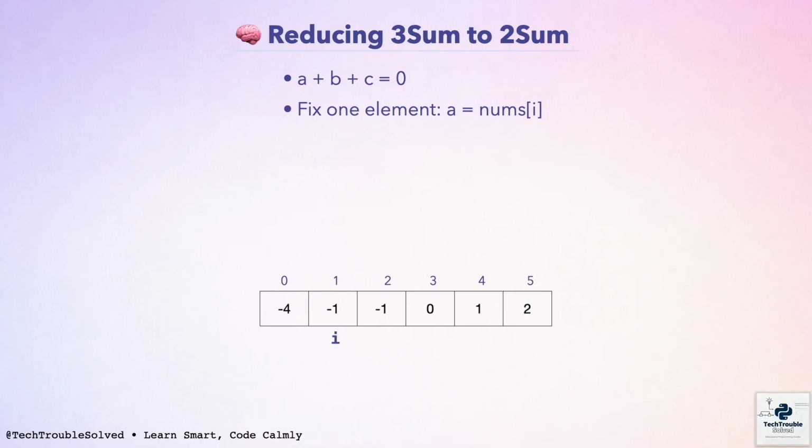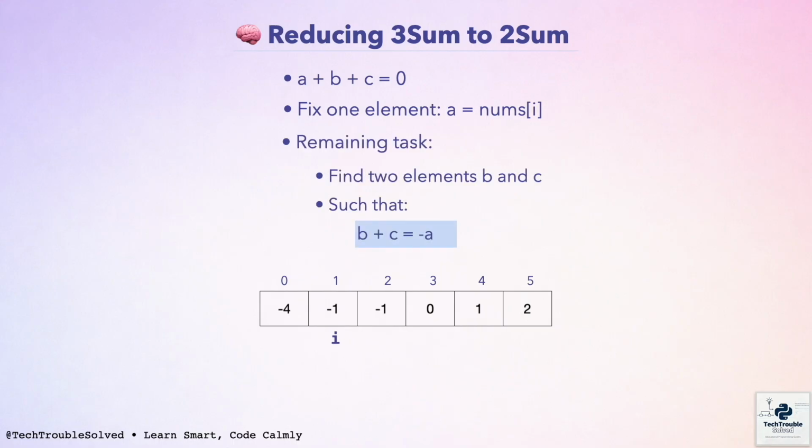Once we fix a, the equation becomes b plus c equals minus a. So the problem is now reduced to finding two numbers in the remaining array whose sum equals minus a. In other words, 3Sum becomes a 2Sum problem after fixing one element.